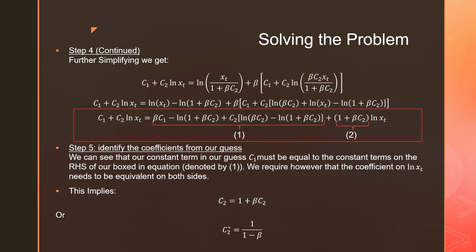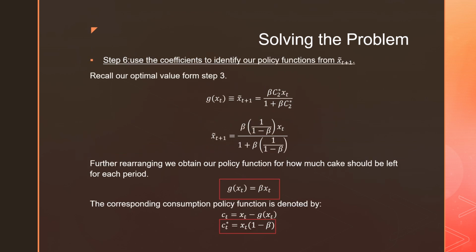So this implies that C2 is equal to 1 plus beta C2, or C2 star is equal to 1 over 1 minus beta. So we have an actual value for our coefficient C2, which is specifically important for deriving our policy function.